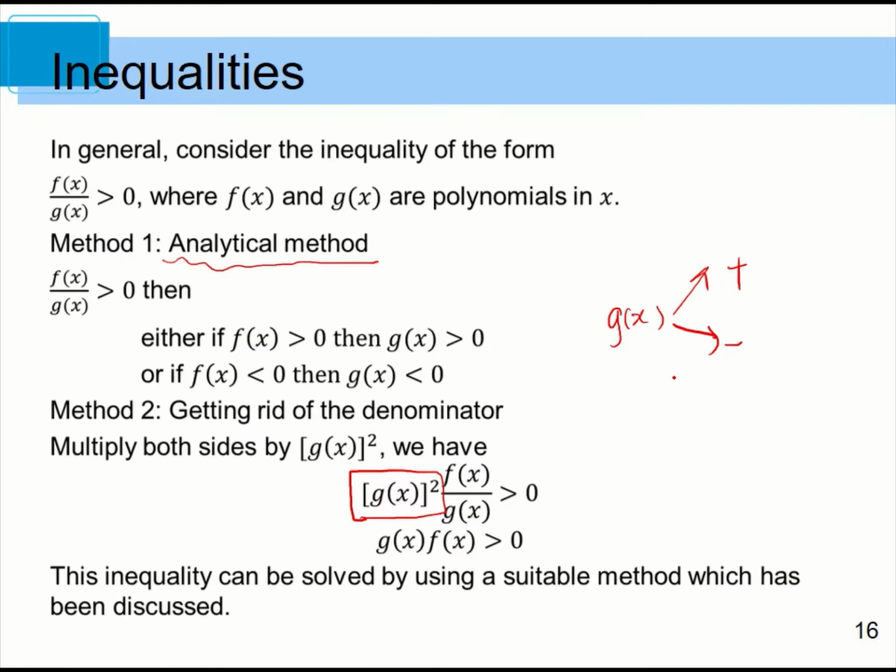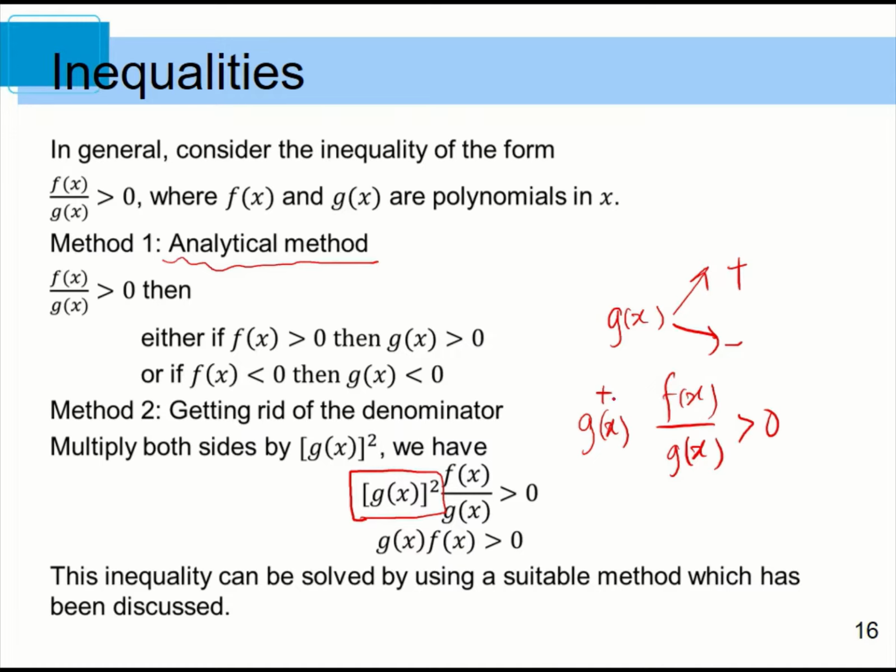So if we have f(x) over g(x) multiplied by g(x), when g(x) is positive, the sign remains the same because we multiply by a positive value.